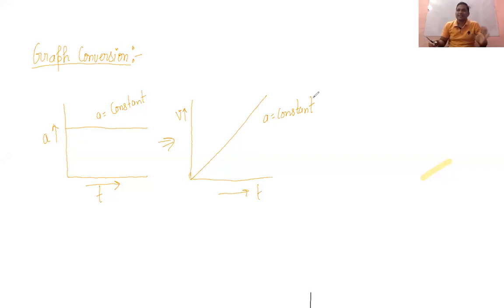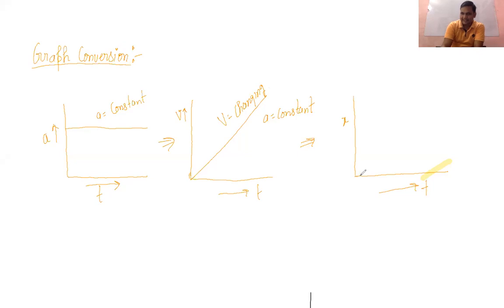Now I'm saying draw the position time graph corresponding to this graph. So what will happen? The same as the velocity time graph. Here you can say velocity is changing, so position is also changing.